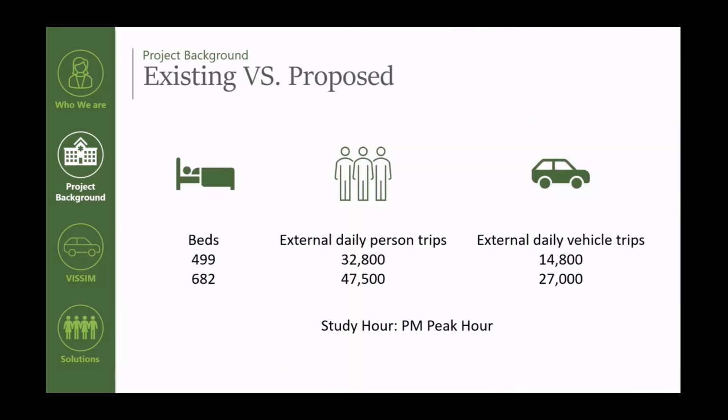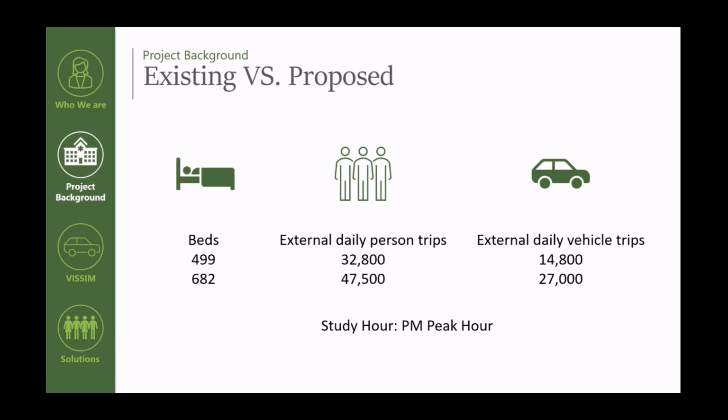Next slide. So the project itself is building a new hospital on its existing, highly utilized campus. The new hospital will increase the inpatient bed capacity by 37%. And we expect about 15,000 additional person trips, which to some degree correlate with the vehicle trips, excluding those trips completed by taking public transit.